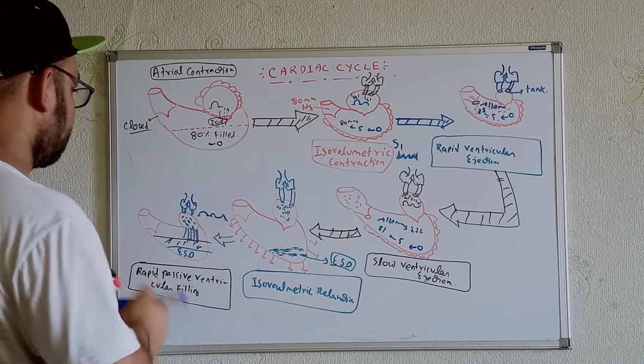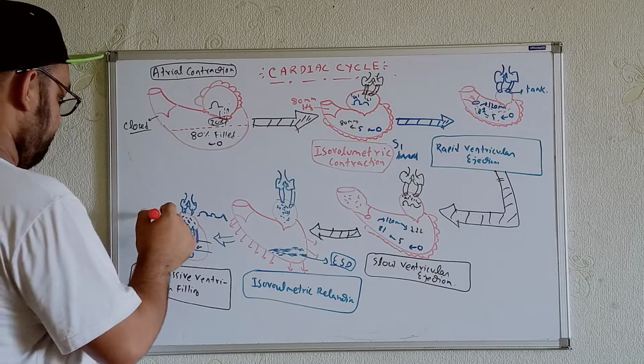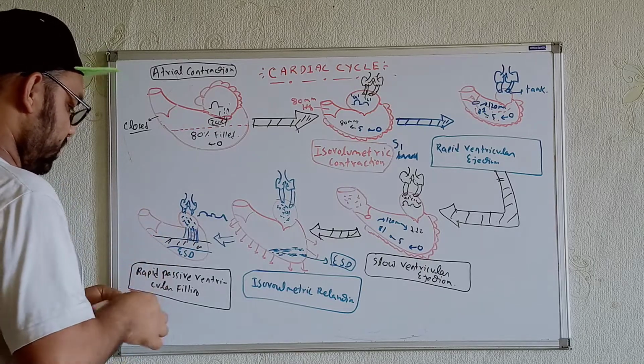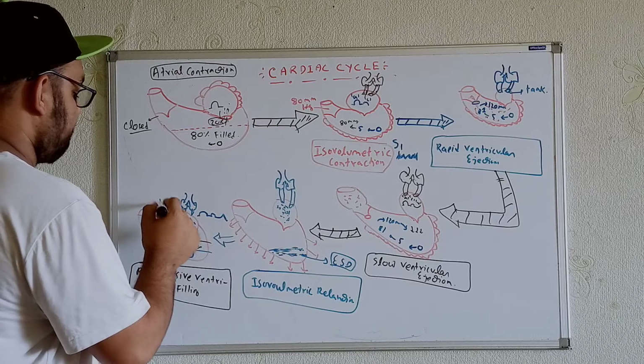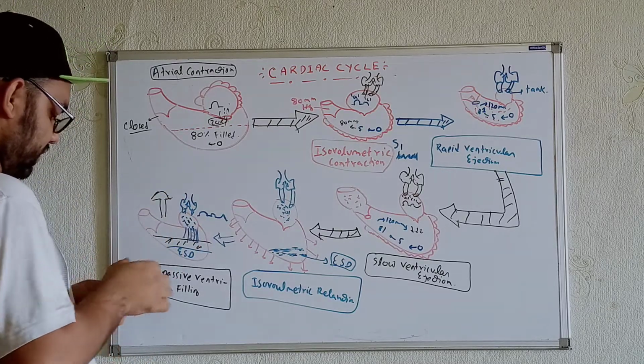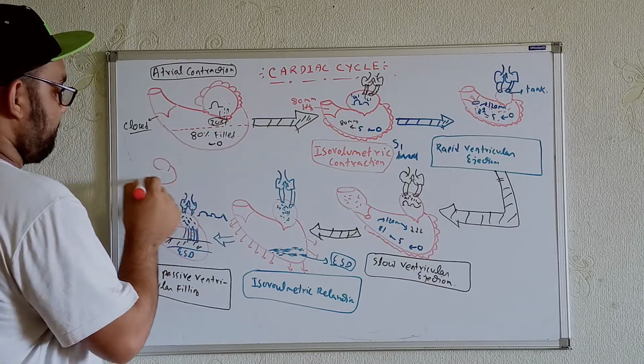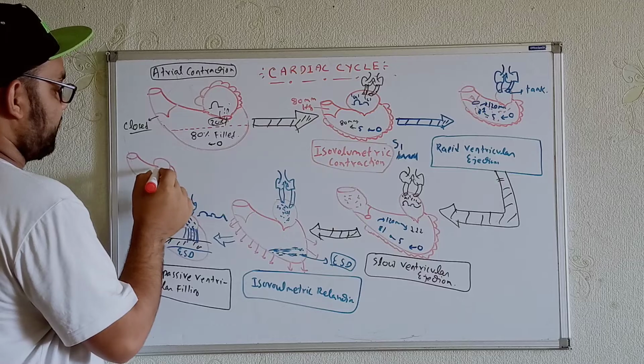Okay, the next page. In the next page, we will see. Okay, let me use this color for better understanding purpose. Okay, in this page, we will see. Okay, just try to understand.